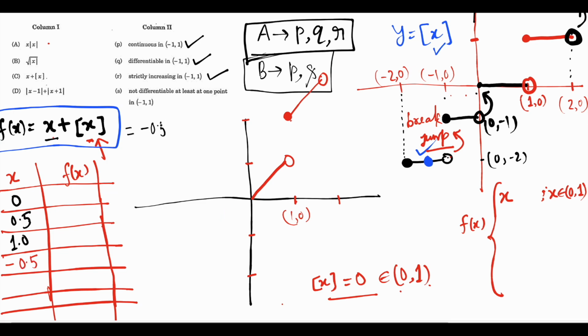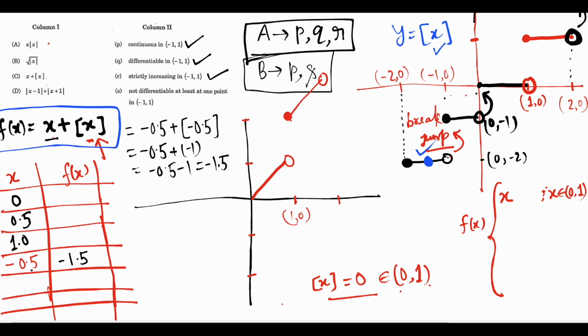Okay, so now let's start to find out f of x values for negative x. For that we are starting with minus 0.5, and we see that minus 0.5 plus floor function minus 0.5 is going to give us minus 1.5, because the floor function is minus 1 between the values of x which belong to minus 1 to 0.